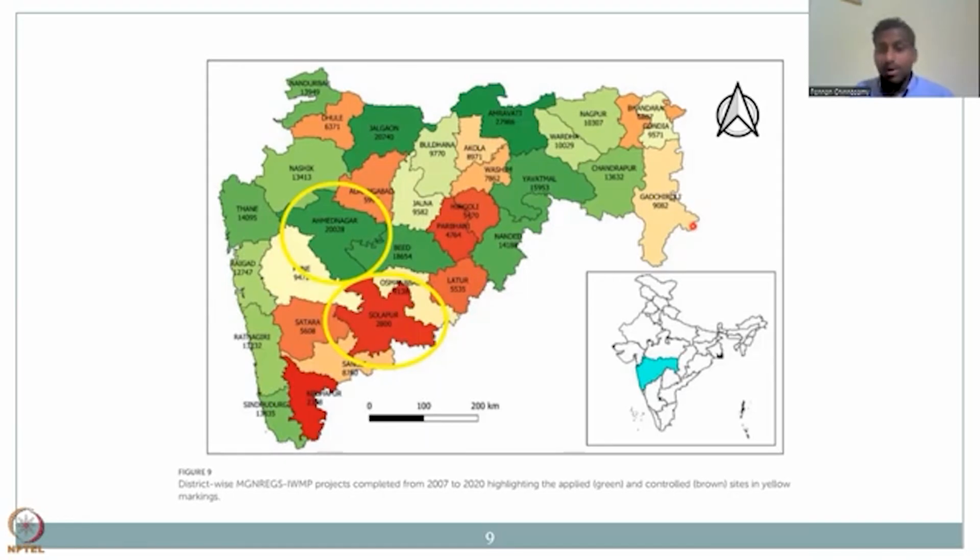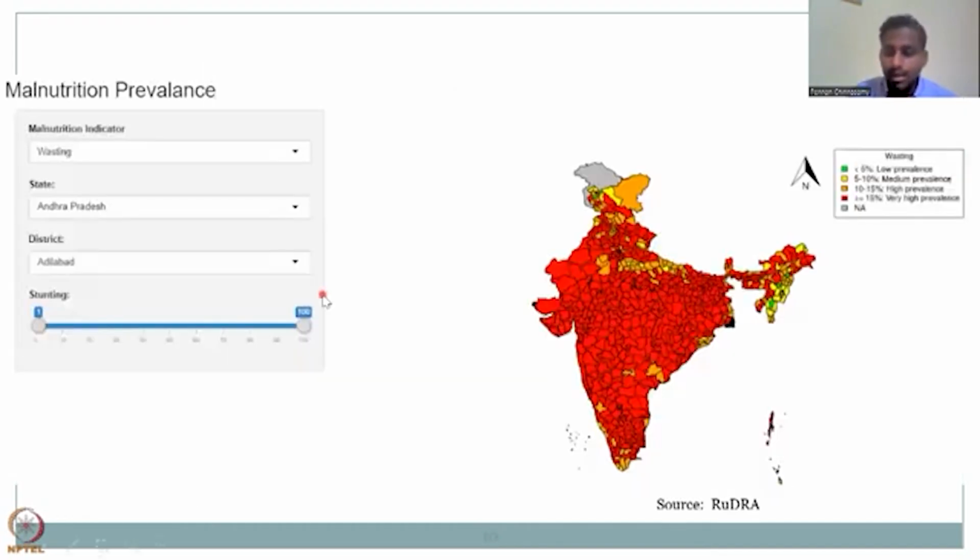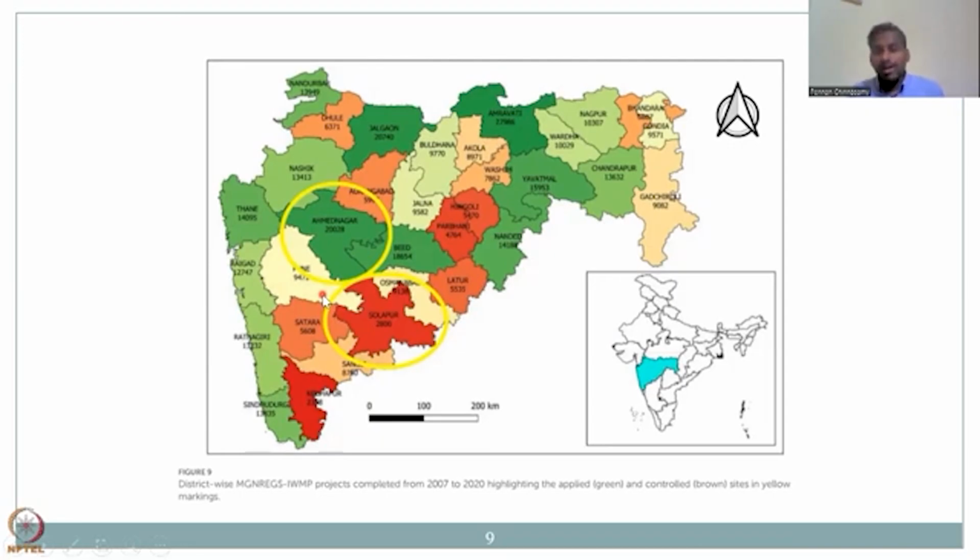It could be because of the budgets that were allocated, the population of farmers, or other externalities, because Manrega money is directly linked to the number of farmers. So we have established a fact that this RSCI can be used as a tool for establishing the benefits of Manrega work.